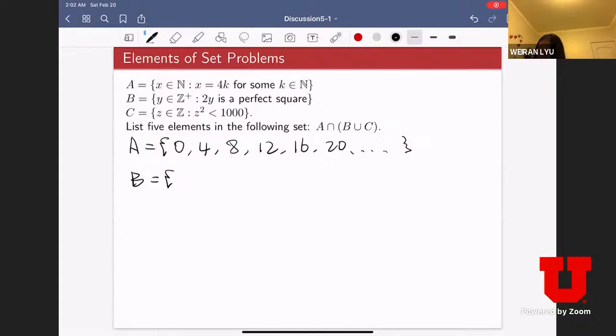And what about the elements y in B? Remember that 2y is a perfect square, but not y.